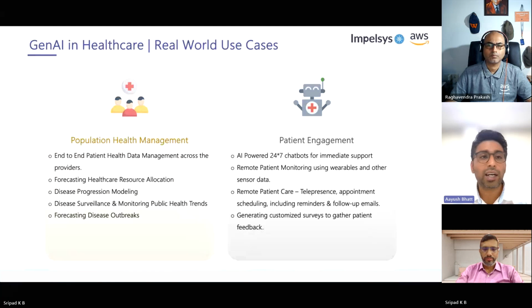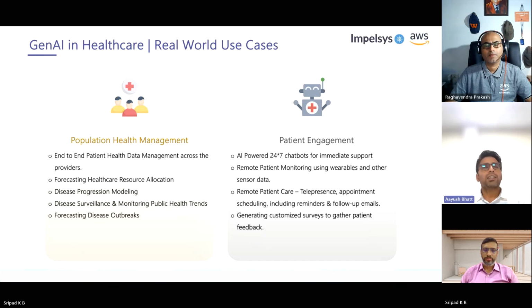And this is exactly what a lot of governments and healthcare organizations did at the time of COVID-19. They used Gen AI modeling to model the COVID-19 outbreak to prepare themselves for future waves by stocking up the necessary medications, healthcare resources, vaccines, and so on.